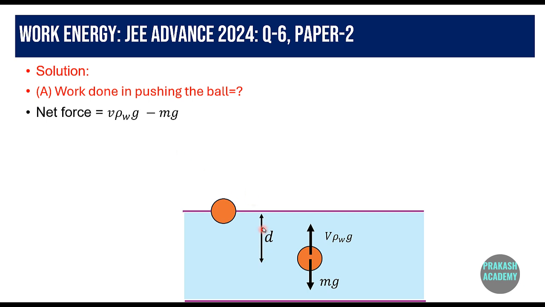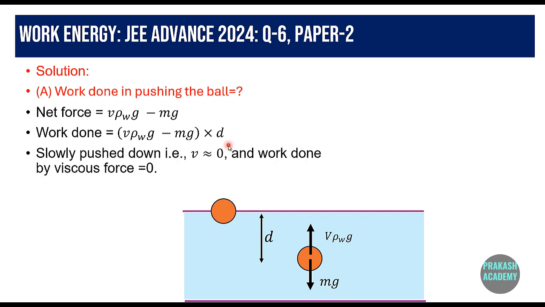So work done by this force, that is the external force that we are applying, is equal to this times d. So work done is equal to this force times depth d. Now remember, this ball was slowly pushed and that is why velocity at each point is 0.